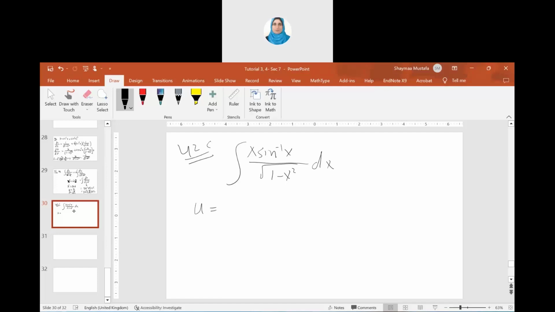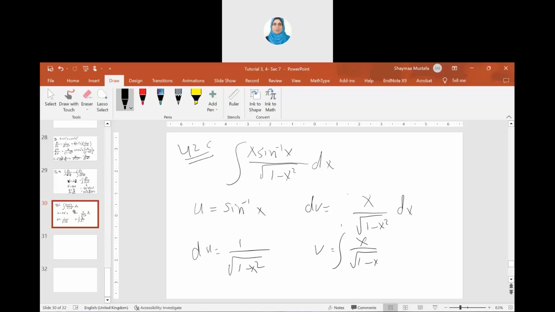You can choose u equal to sine inverse x, and dv is x over 1 minus x squared dx, because this one can be integrated by using substitution. And du here is 1 over the square root of 1 minus x squared. But dv you do by substitution.